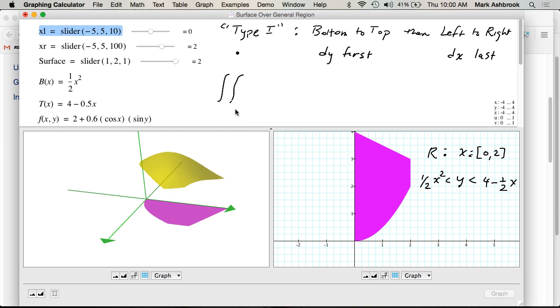We go from 1 half x squared to 4 minus a half x. Our function is 2 plus 0.6 cosine x sine y.